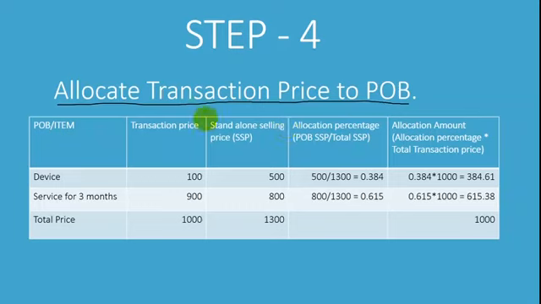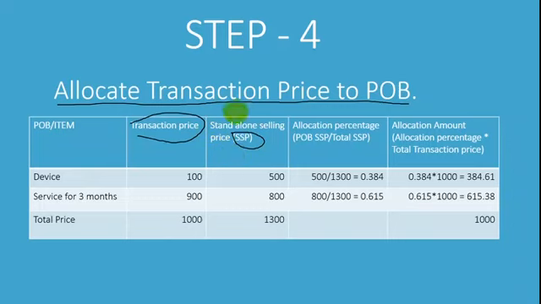Okay. So for allocating the transaction price, you need a few things. One is the transaction price, and the SSP, that is nothing but the standalone selling price. You already saw the transaction price in step 3, which is coming from SD. And what about the standalone selling price?